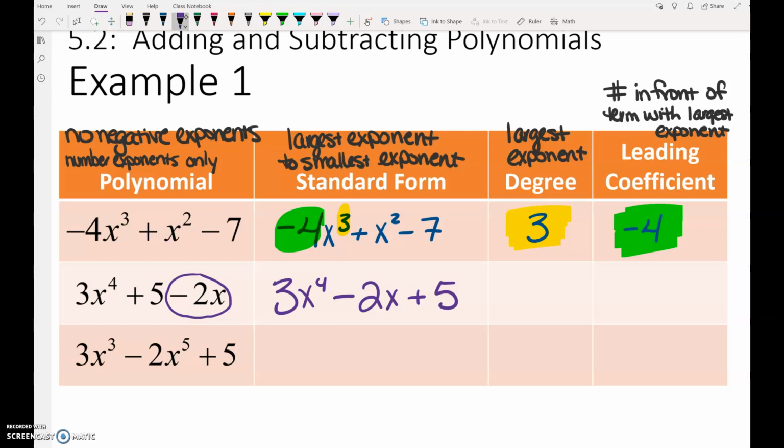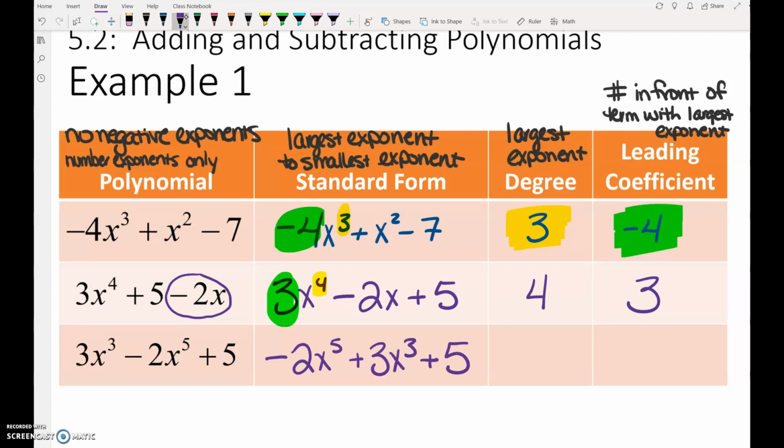The degree on this one would be 4 because your largest exponent is 4. And your leading coefficient would be 3 because your number in front of the term with the largest exponent is 3. For the last one, you would start with negative 2x to the fifth plus 3x to the third plus 5. Your degree is 5. Your leading coefficient is negative 2.